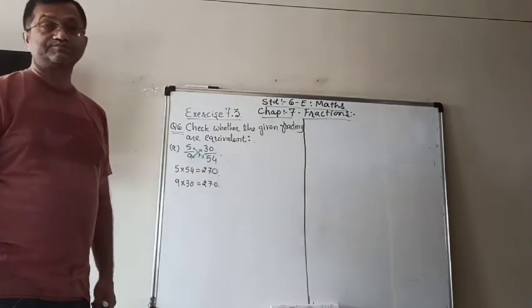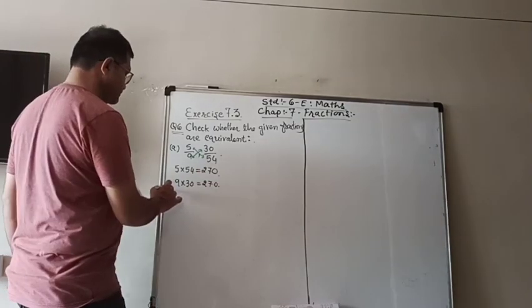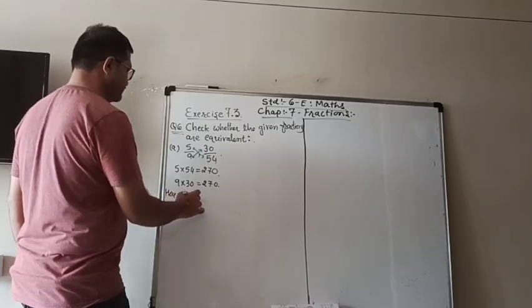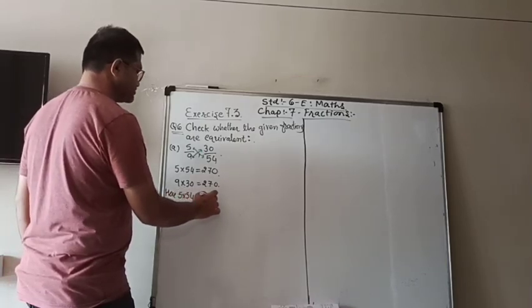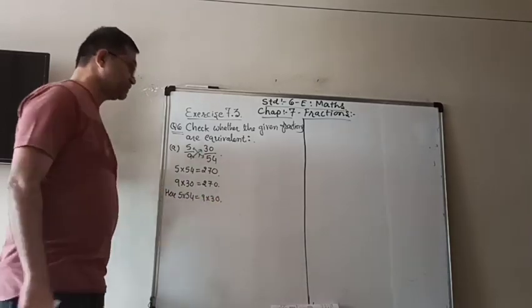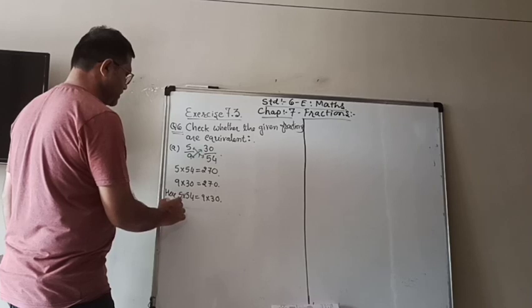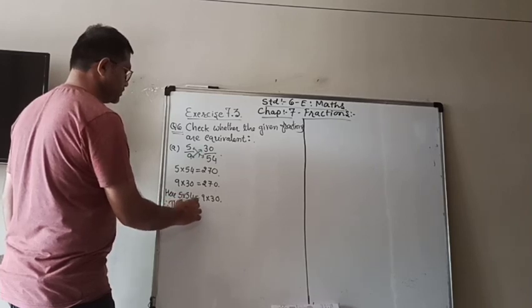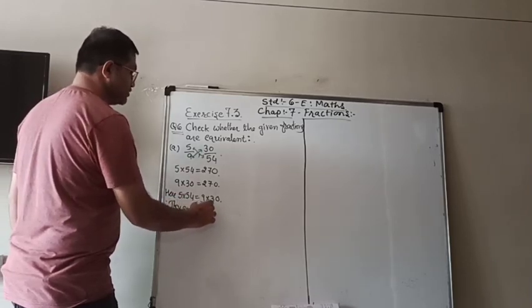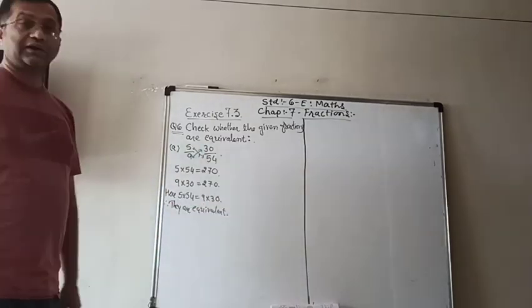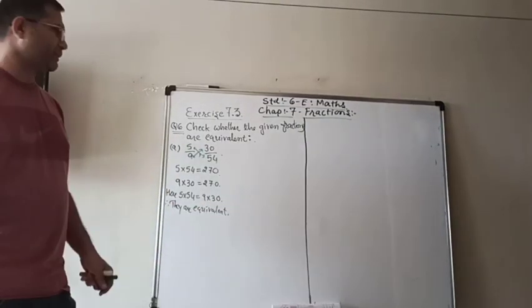You can see that 5 multiplied by 54 is equal to 9 multiplied by 30. Therefore, they are equivalent. Very, very simple way.